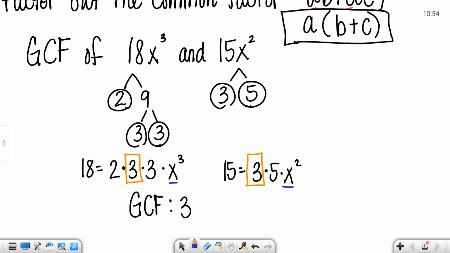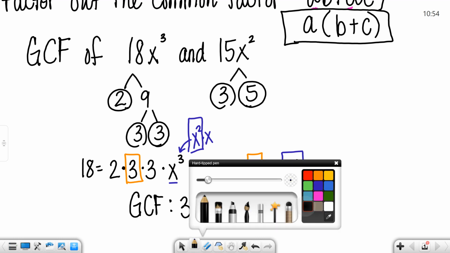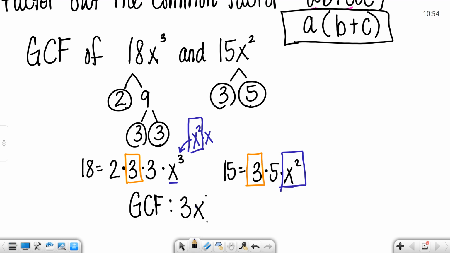X cubed is really x squared times x, which means they both have an x squared. So I multiply by x squared. My greatest common factor is 3x squared. You can only take what they have in common.